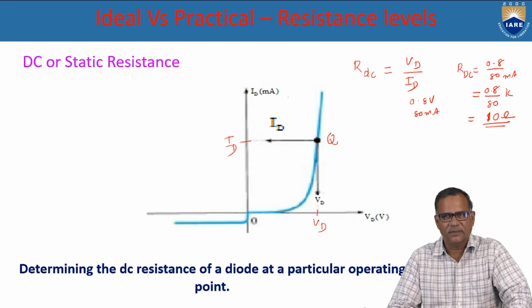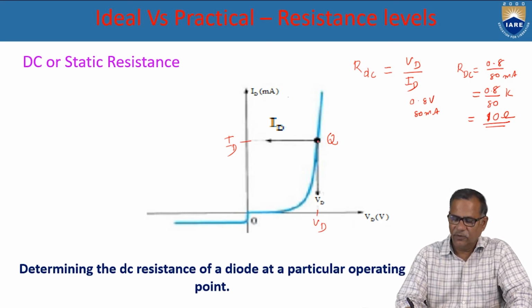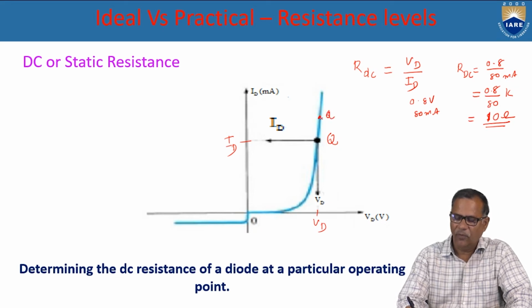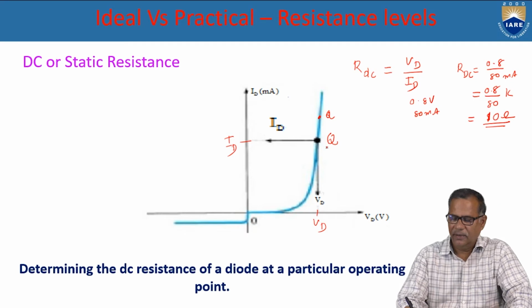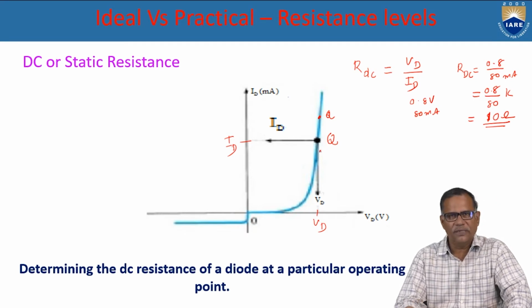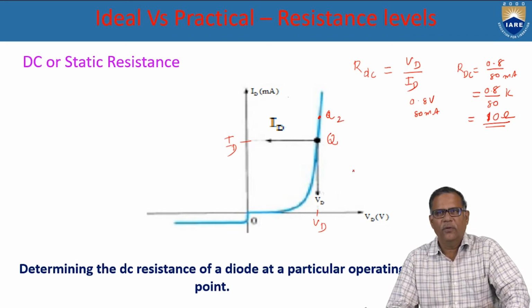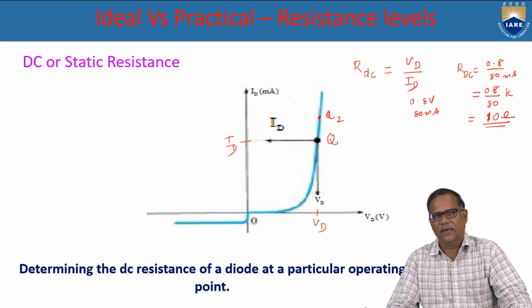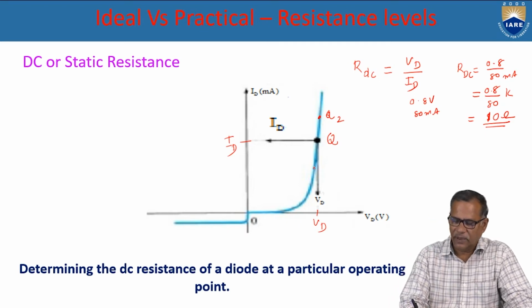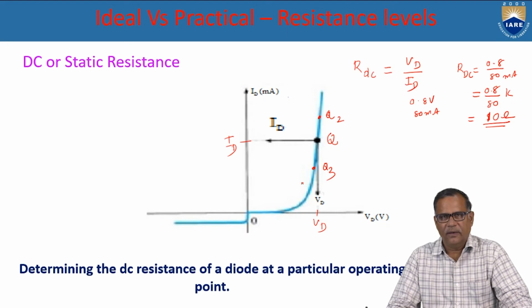So this is called the static resistance. Suppose if we move the operating point to this place, here we have more current and almost the voltage remains constant. So here at Q2, we are going to have less resistance because the current is more. Similarly, suppose if you come to this point Q3, here current is less and voltage is more or less same like Q or Q2.